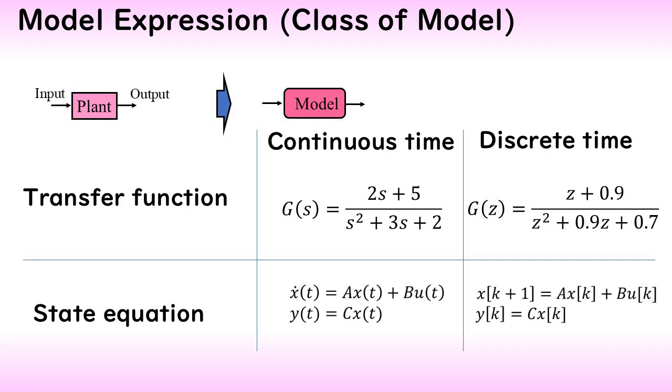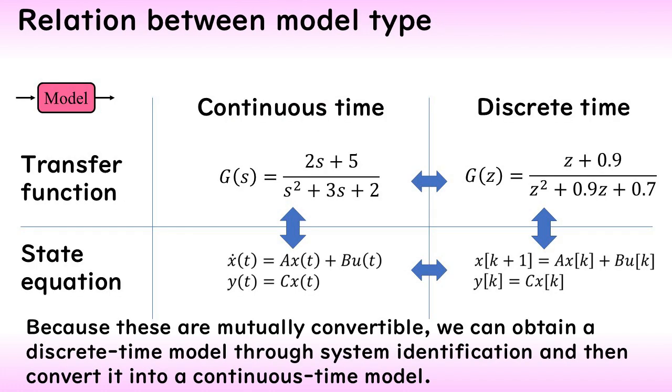In case of state equation, x dot equal ax plus bu is a continuous time case, but x(k+1) equal a x(k) plus b u(k) is the case of discrete time system. They are mutually convertible.